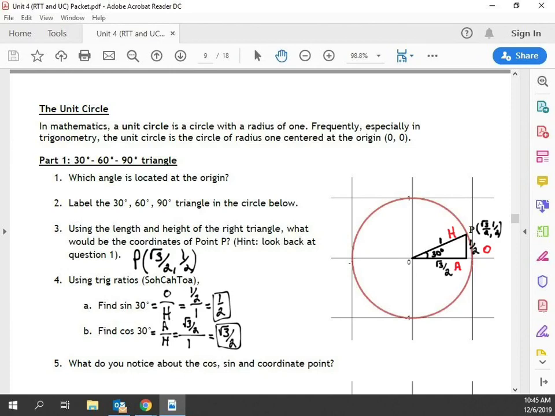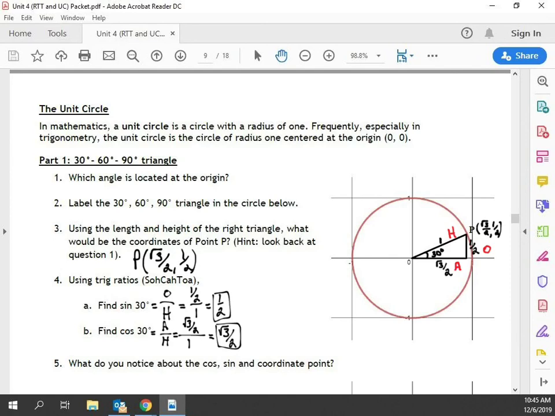We've learned with SOHCAHTOA, except for tangent, which we'll get to later on, that it's always an opposite or adjacent divided by the hypotenuse. Do you all agree with that? It's always divided by the hypotenuse. Well, in a unit circle, guys, the hypotenuse will always be 1.